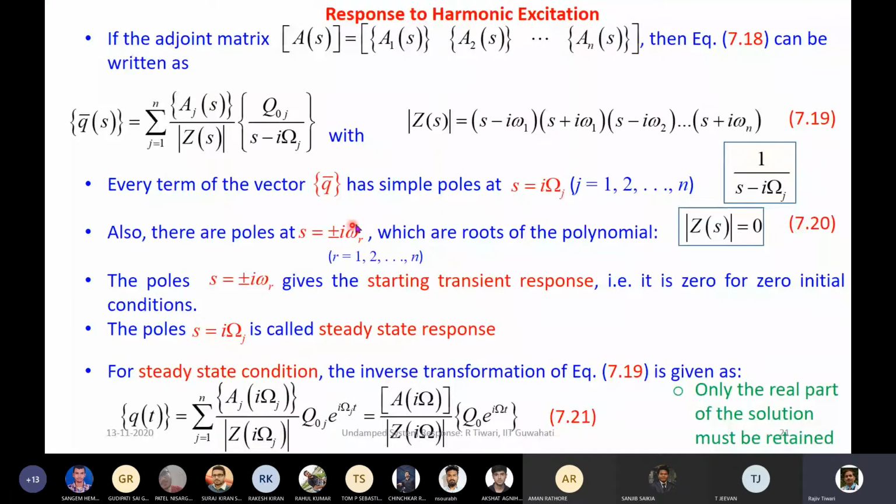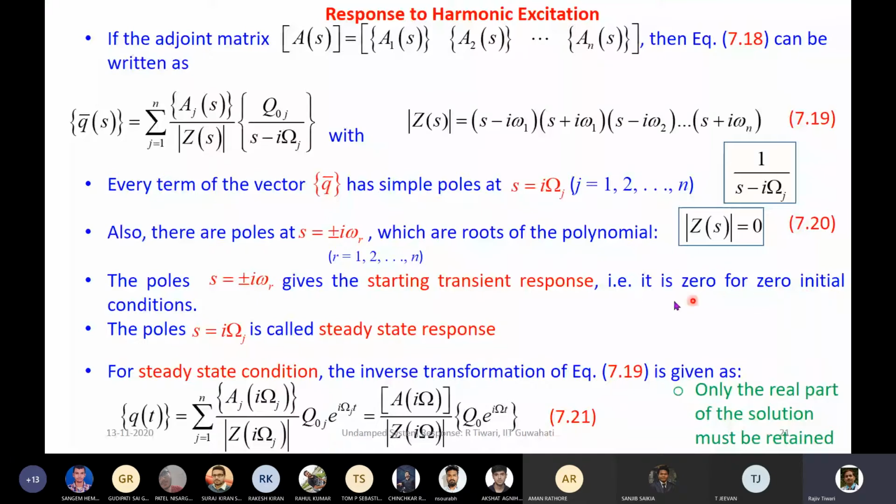This omega r is nothing but the natural frequency of the system, which we obtain from the roots of this Z when we equate it to 0. So these poles give the starting transient response, and it is 0 when the initial conditions are 0.